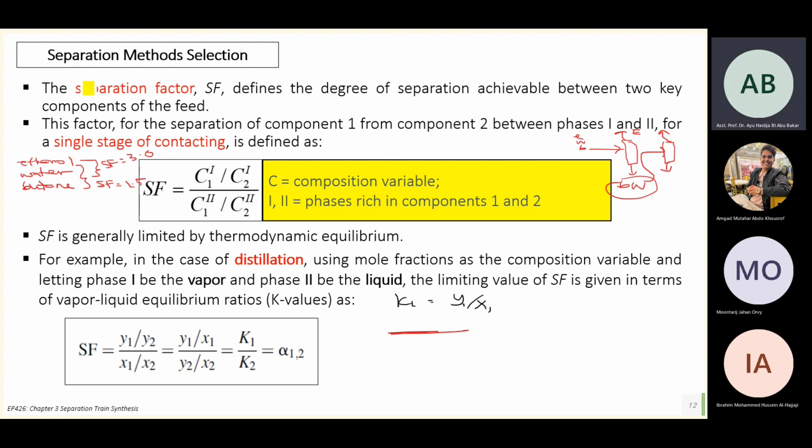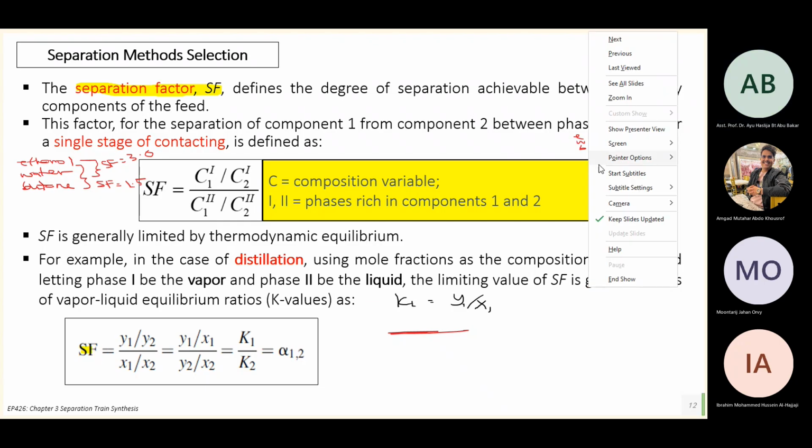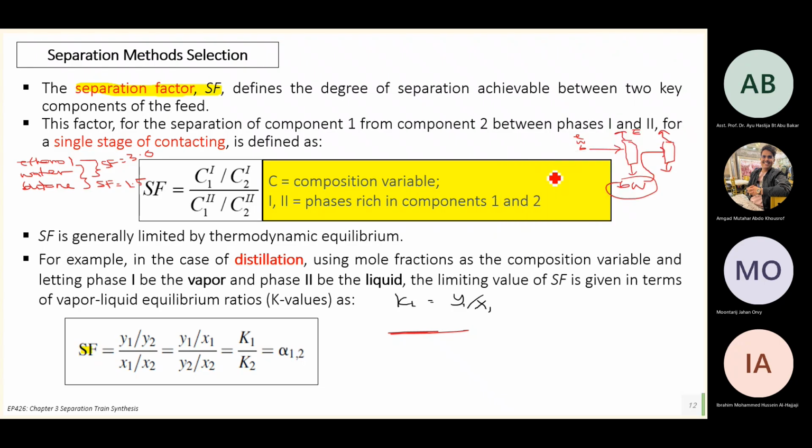Now the separation factor is equivalent to the relative volatility. From this equation, SF, separation factor, Y is the vapor over liquid phase. Vapor for each component over liquid phase for each component, similar to the relative volatility.